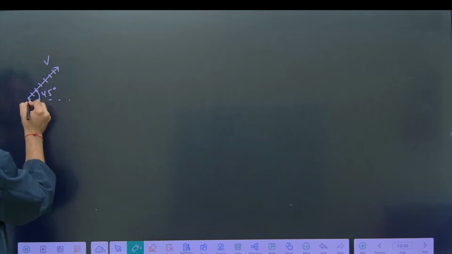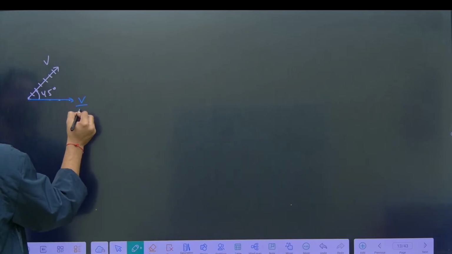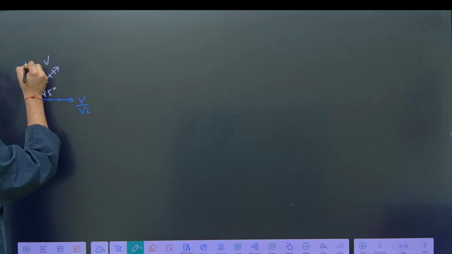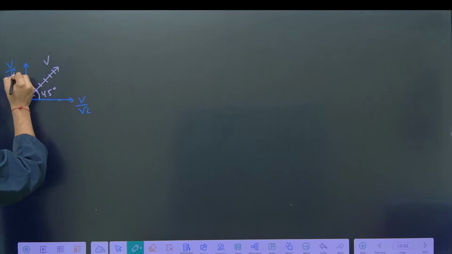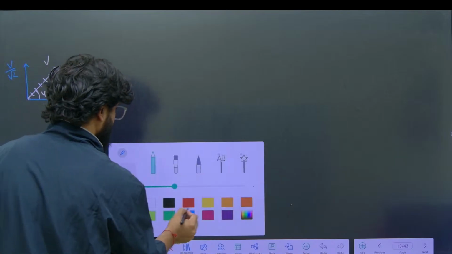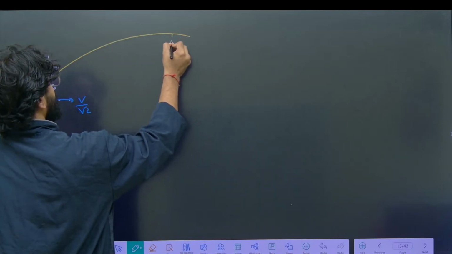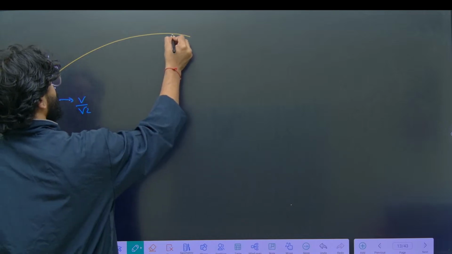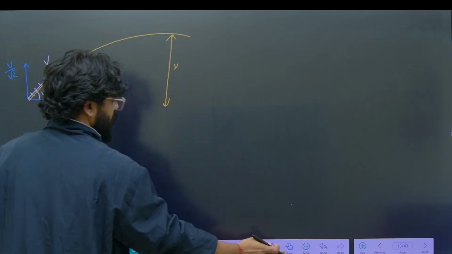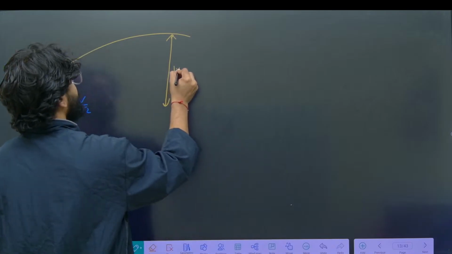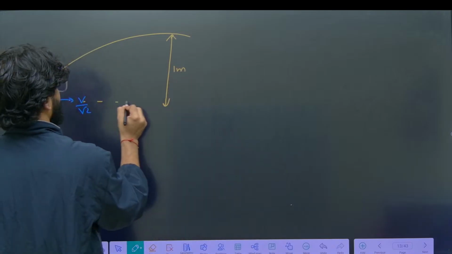We are doing the component v by root 2, v by root 2, and this distance over here we know for sure is 1 meter, correct?